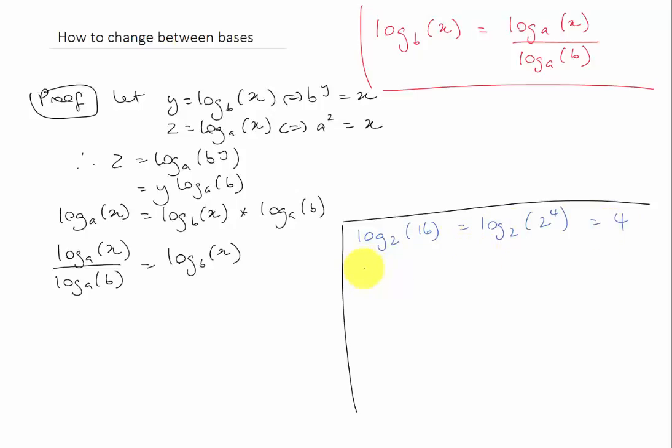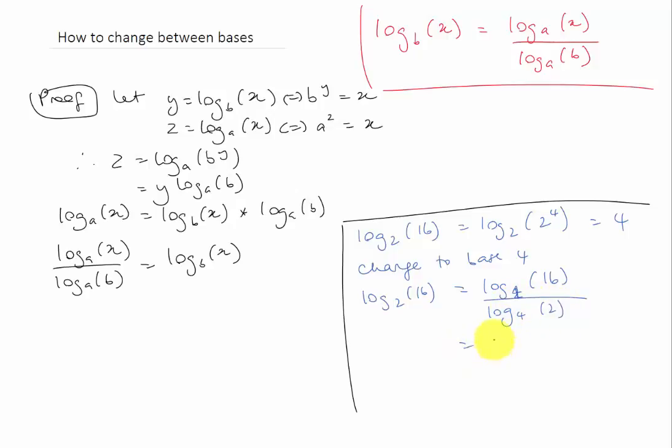But equally, if we change that, let's say we change that to base 4, then we can use this rule and say that log in base 2 of 16 is equal to log in base 4 of 16 over log in base 4 of 2.